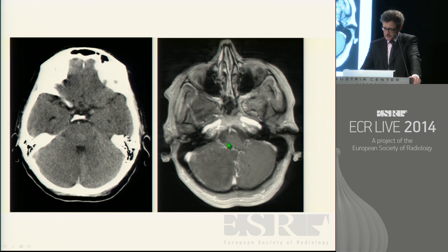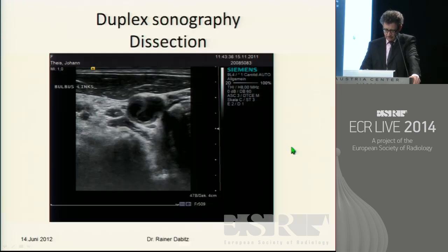And if you look at the MR, which was done 2 days later, you see this is a completely infarcted cerebellum on this side, and it's also swelling, compressing the other side. So this is a late sign, a demarcated infarction, and this would be a contraindication, of course, for thrombolysis.